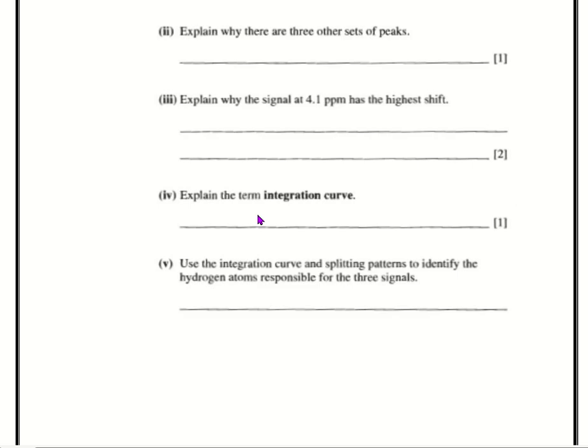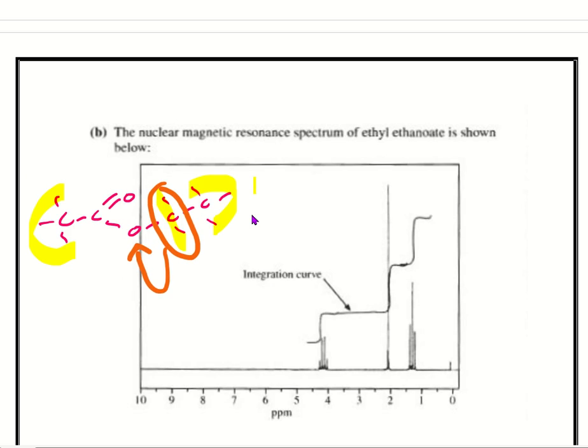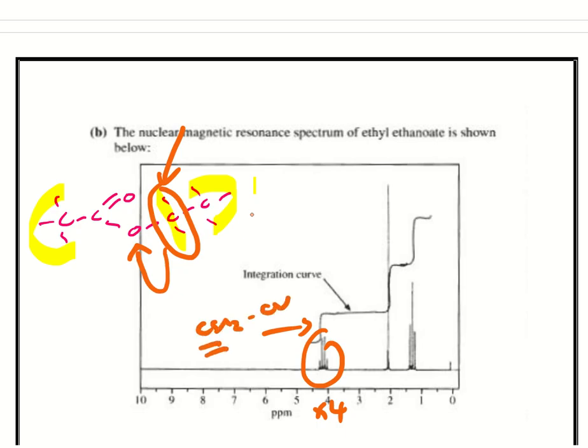Okay, and use the integration curve and splitting patterns to identify the hydrogen atoms responsible for the 3 signals. Right. So here, this is split to a quartet. Okay, so split to a 4. So it must be something adjacent to the CH3. So therefore, you would identify that as being CH2 adjacent to a CH3, and the integration trace on that, if you measure that, is a 2 to 3 to 3 ratio.